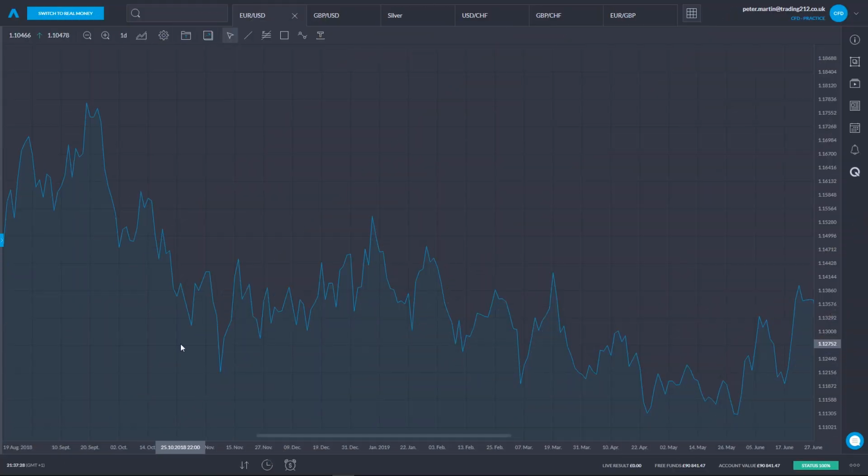Here we are in Trading 212's web app, and we're looking at a daily chart of euro against US dollar. And it's really this part of the chart that I want to focus on. We can see the price oscillating up and then down and up and down and up and down. And overall it's sort of sinking, but we have these turning points, and that's what we want to focus on. So let's talk about these.